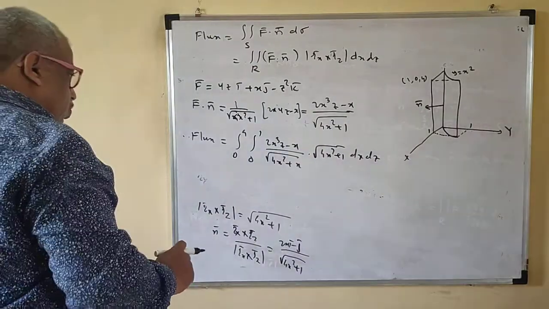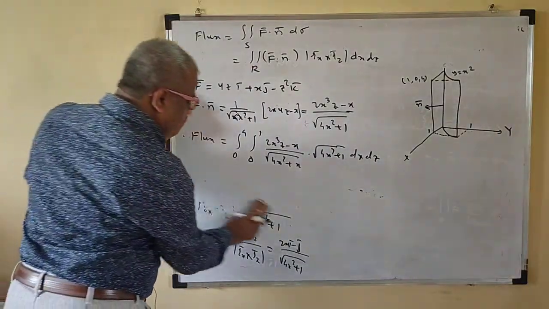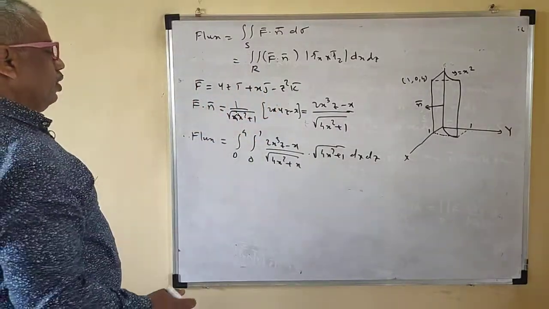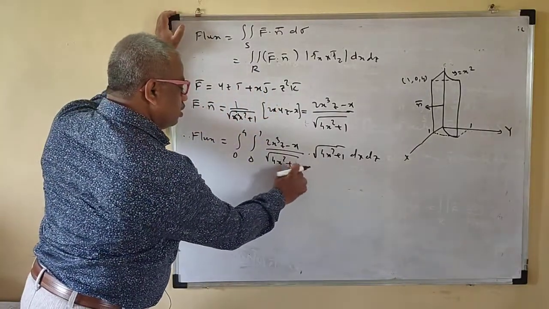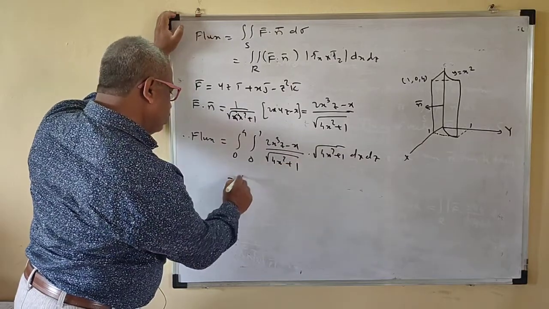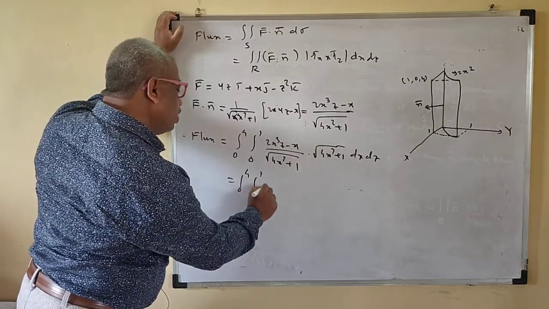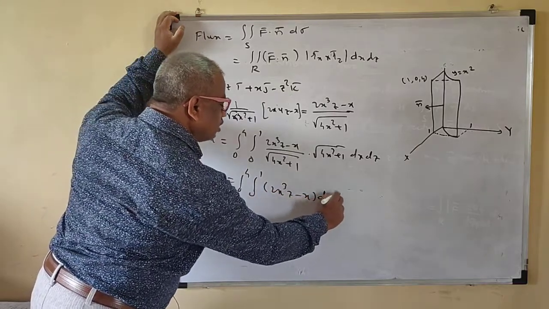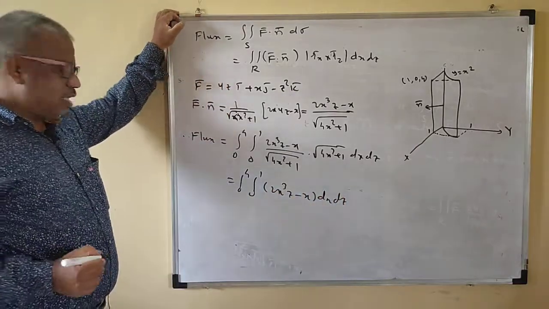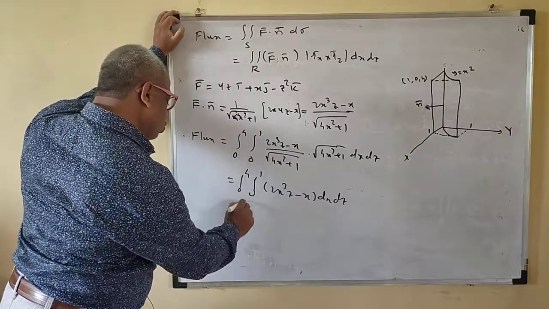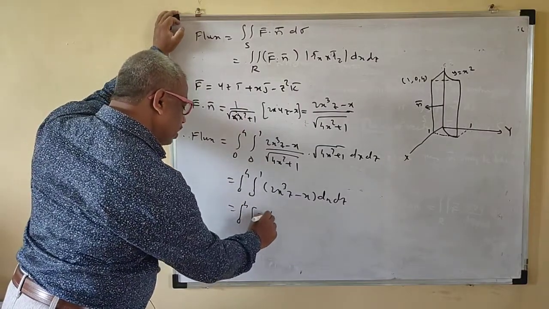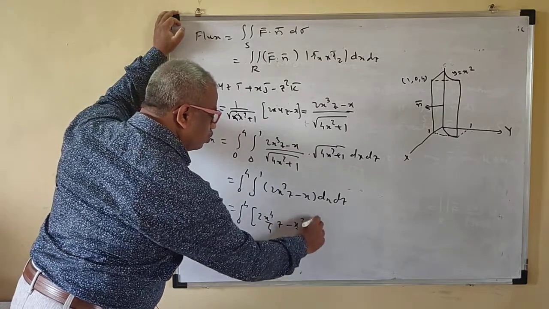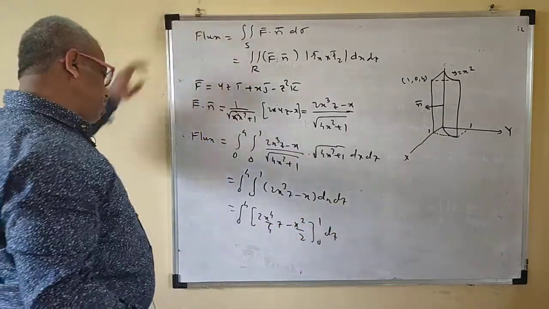Now we will solve this integration and get the complete solution. The root factors cancel. So this is the integral over 0 to 4, 0 to 1 of twice x cube z minus x dx dz. Integrating with respect to x, we get twice x to the power 4 upon 4 z minus x square upon 2, from 0 to 1, dz.